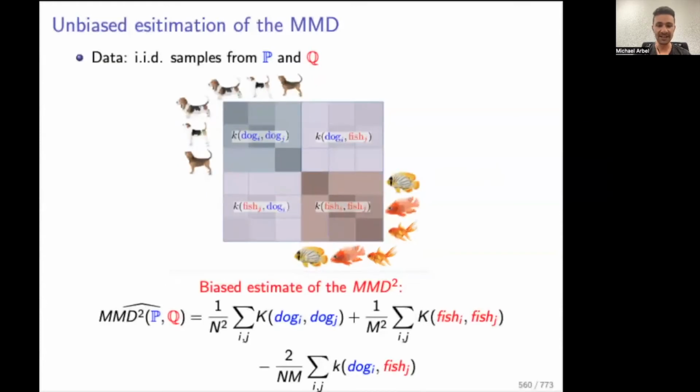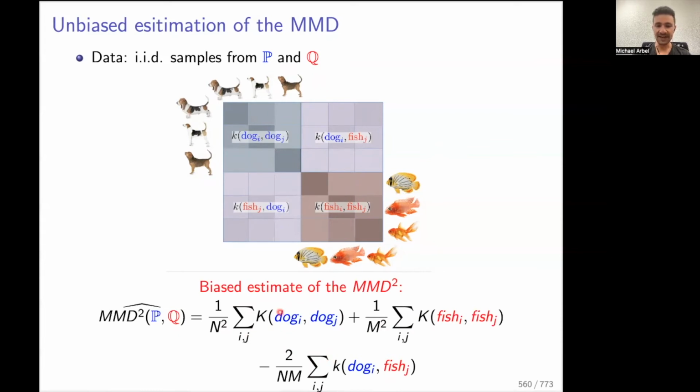So a natural estimator of the MMD would be to reduce each block of this matrix and average them, and then consider the empirical version of the actual expression of the MMD. In this case, we need to sum the diagonal blocks and subtract the off-diagonal one.